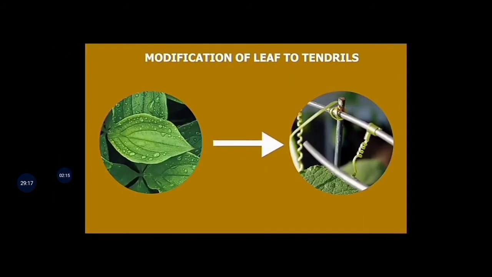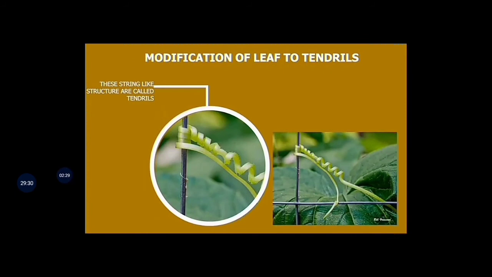The next one is modification of leaves to tendril. Some plants have very weak stems and cannot stand on their own. These string-like structures, we call tendrils. These tendrils help in climbing and give support to the plant. Tendrils help the plant to climb on a support efficiently.